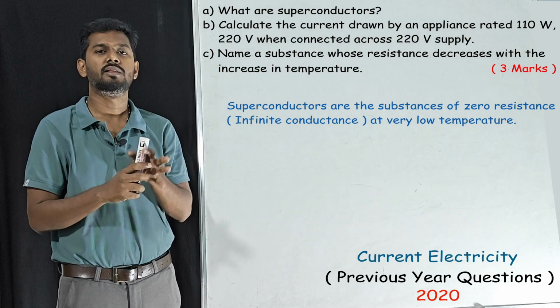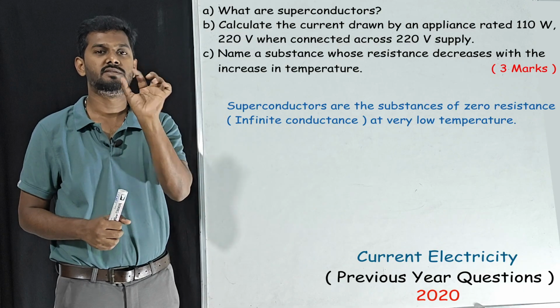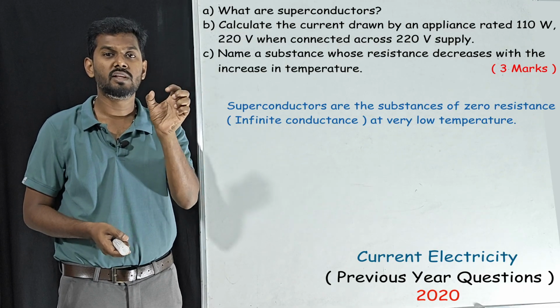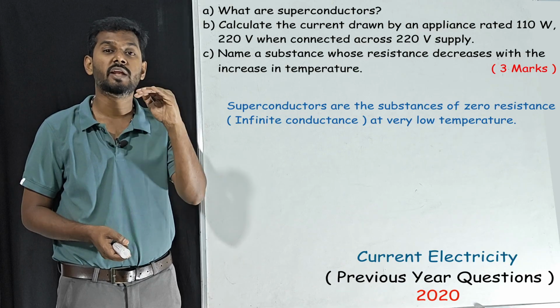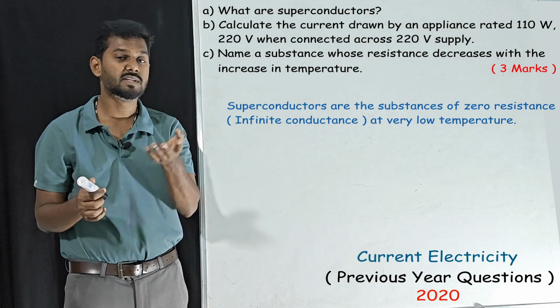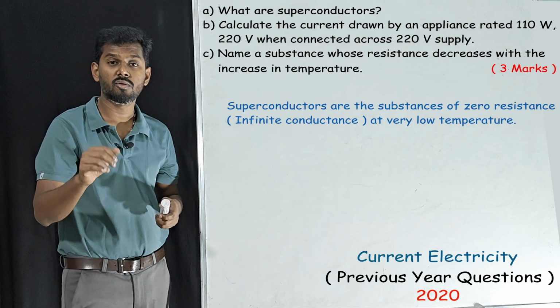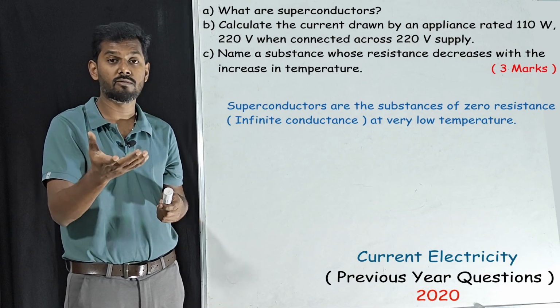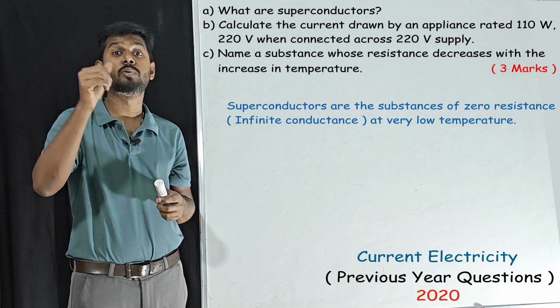So very simple, the resistance of the wire will be zero. That means infinite conductance, which is possible when the temperature of the material is maintained at very low temperature. For example, you can take mercury. They have to maintain 4.2 Kelvin. At 4.2 Kelvin, mercury becomes superconductor.